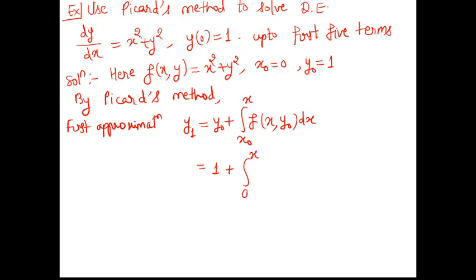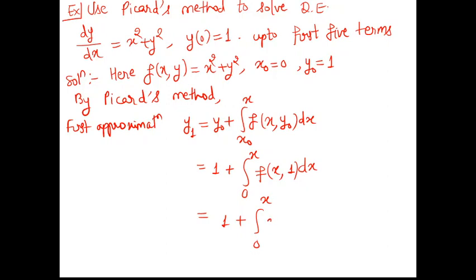If f of x y is x square plus y square, so what would be f of x y naught? I just have to replace y naught by the given value, that is 1, integration with respect to x, which can be written in turn as 1 plus integral from 0 to x f of x 1, just in this expression put y as 1.